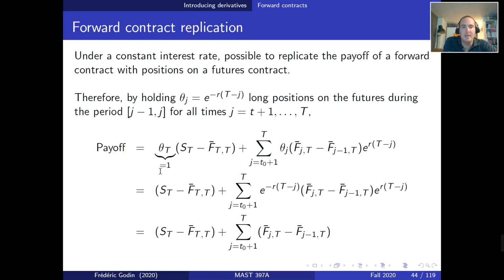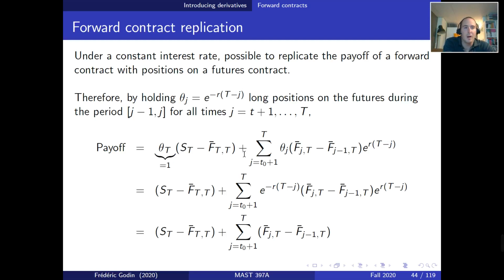Well, at time capital T, the cash flow is equal to theta capital T, the number of futures positions we have when we reach time capital T, times the cash flow at time capital T, which, if you're the long position, is that you give the underlying asset and you receive the futures price at maturity. Furthermore, theta capital T, if we just replace j with capital T, becomes 1.